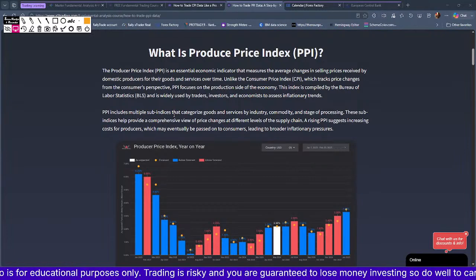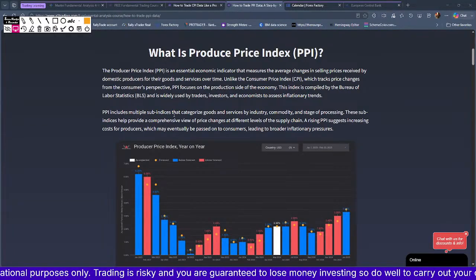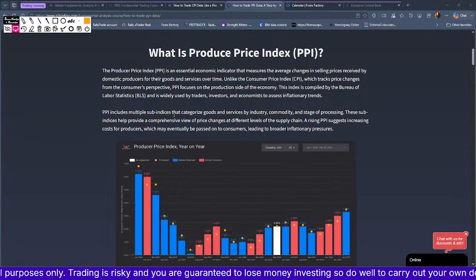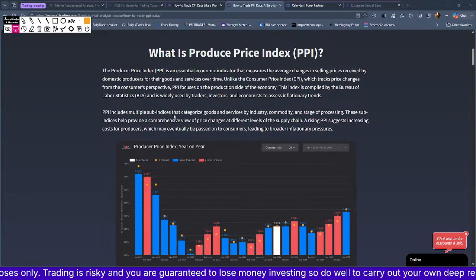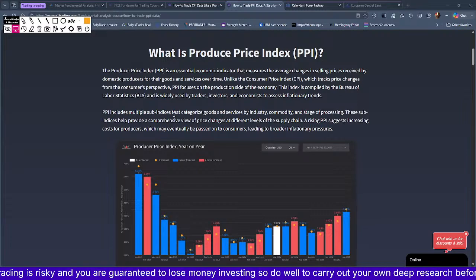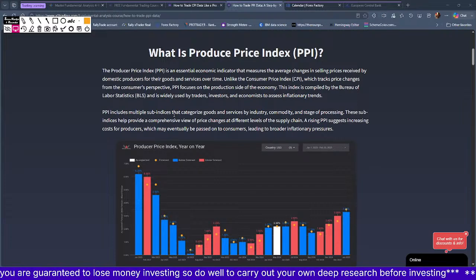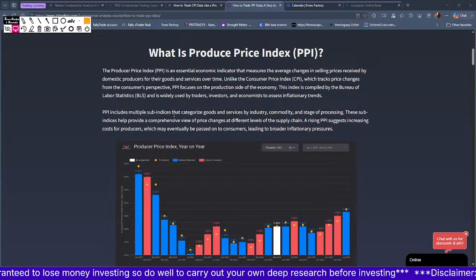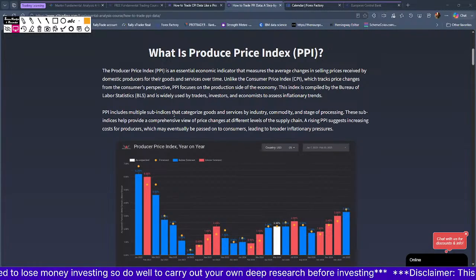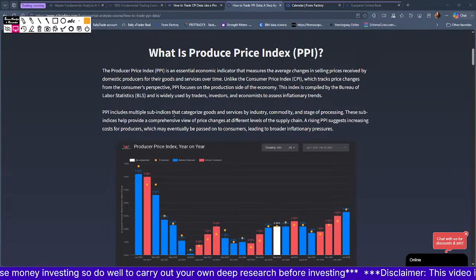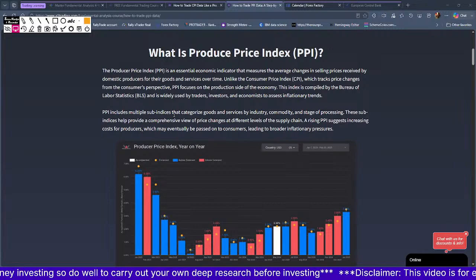So what is Producer Price Index, PPI? Producer Price Index is an essential economic indicator that measures the average change in the selling price received by domestic producers for goods and services over time. Unlike CPI, which tracks price changes from the consumers' perspective, PPI focuses on the producer's side of the economy.